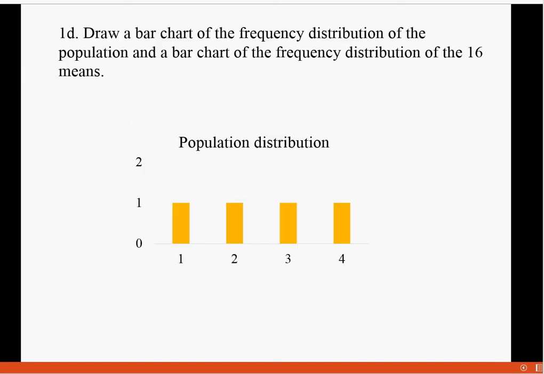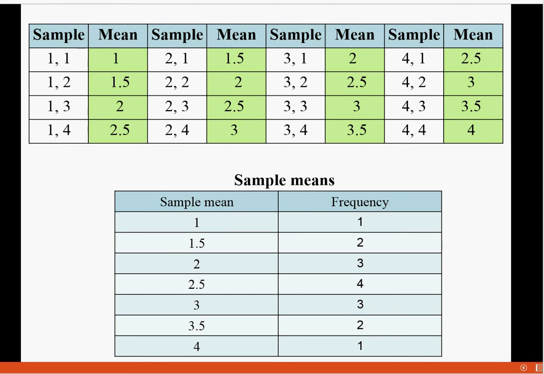Let me just make sure that you know what we are trying to do. We have these 16 numbers: 1, 1.5, 2, 2.5, 1.5, 2, 2.5, 3. These 16 numbers are 16 sample means.